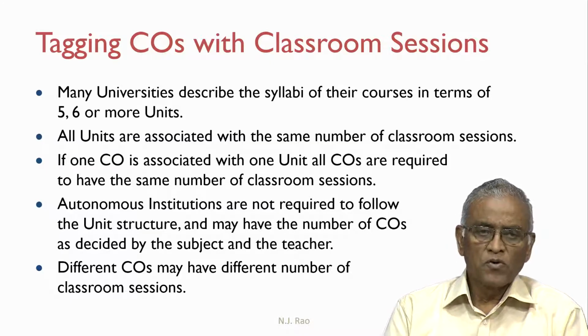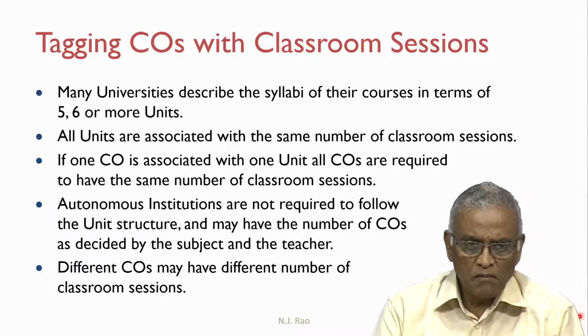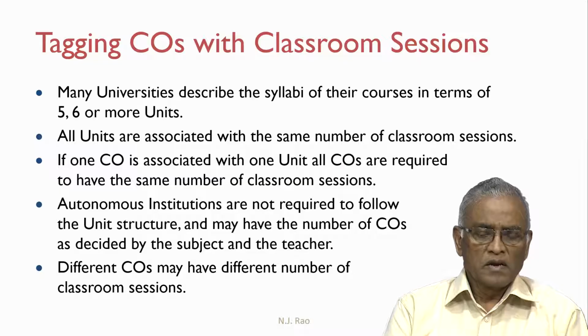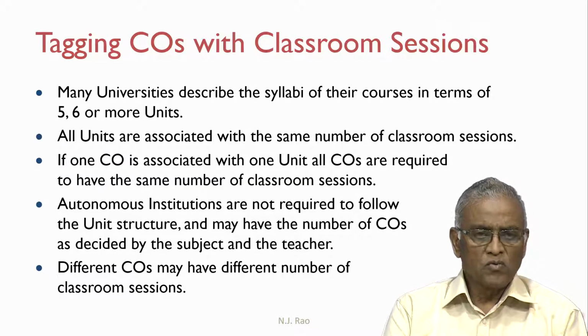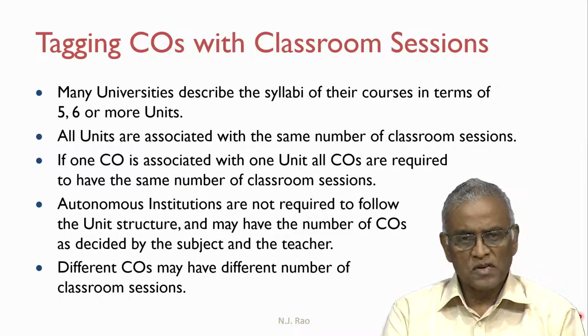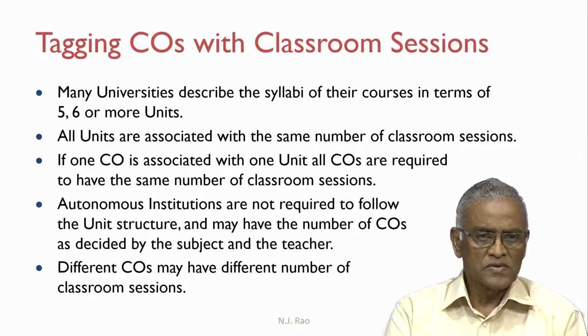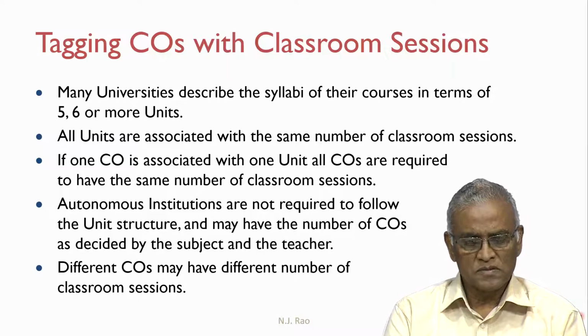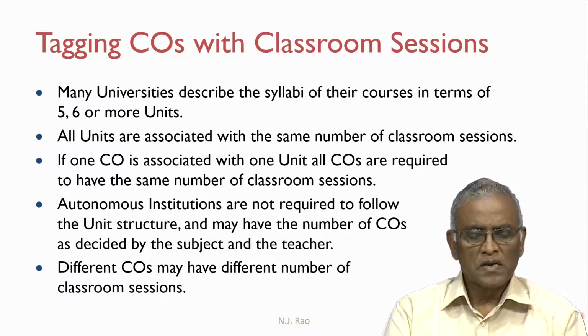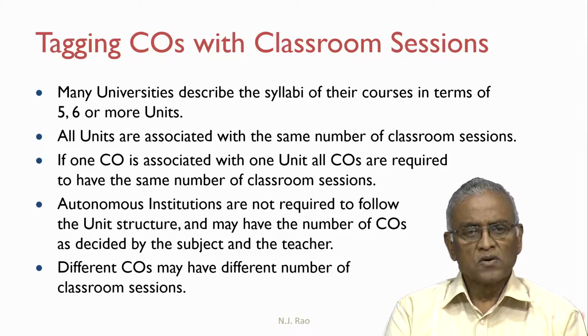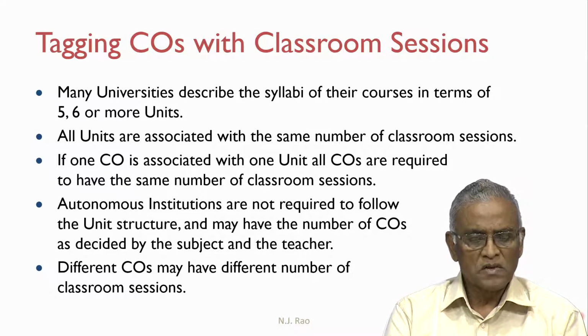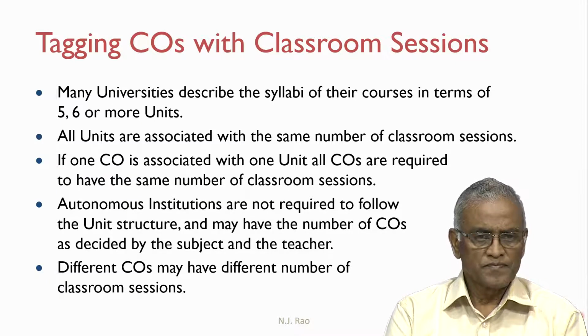So, if you go by the requirement that one CO is to be associated with one unit, then all COs are required to have the same number of classroom sessions. Like if you have a 40 lecture or 45 lecture course, then dividing by the number of units will automatically give you the classroom sessions.